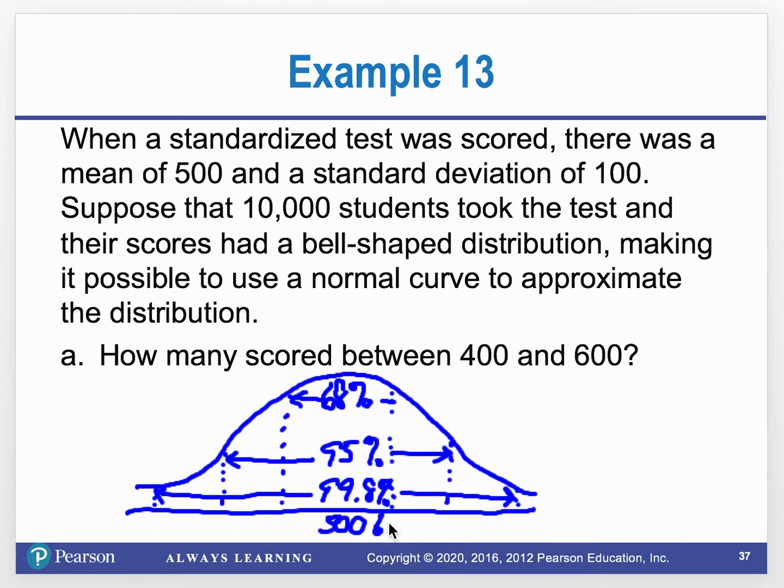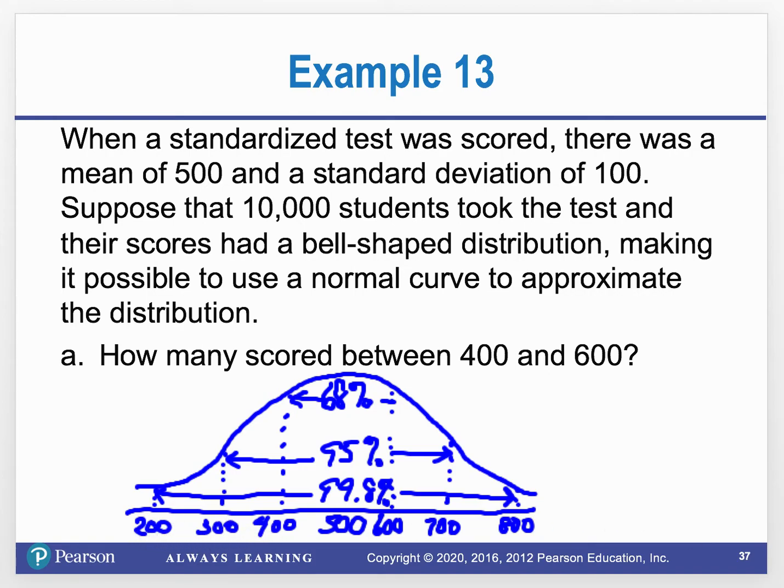So this one will be 600, 700, 800. Then I subtract 3 times: 400, 300, 200. Every single time it says anything about a normal distribution, I draw this, put the mean in the middle, add the standard deviation 3 times, and subtract the standard deviation 3 times.